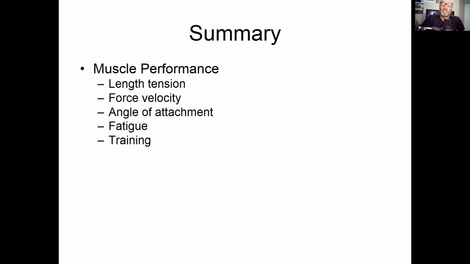It's a function of fatigue, which is a complex concept to go through, and ultimately, muscle performance is related to training as well, how well we train it to contract. And I did not get into the neuromuscular aspect of muscle performance, but that is another key component with training: learning how to contract different muscles at the right time, and so motor coordination or control.